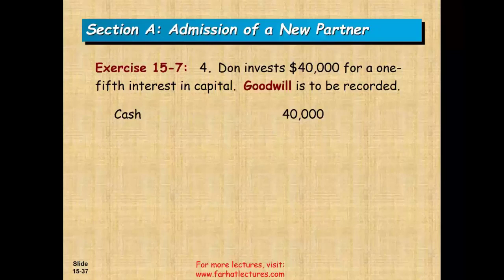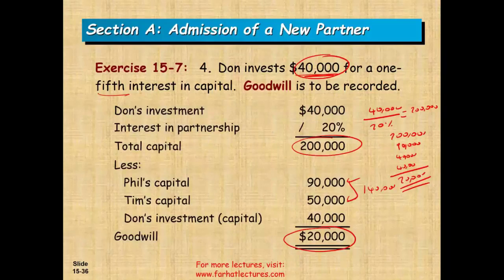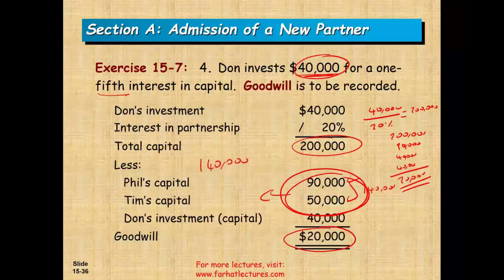Don invested $40,000 cash, and Don got $40,000 in the business. Now, as a result of this transaction, we find out that our company is worth more, right? From a business perspective, the company was worth, before Don, $140,000, the 90 plus the 50.